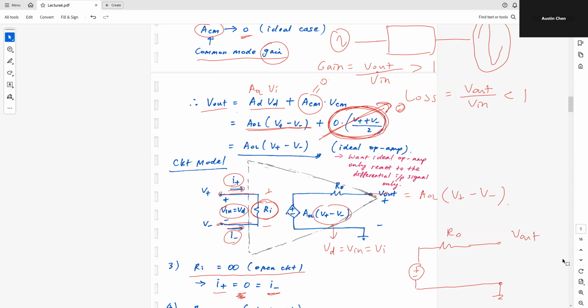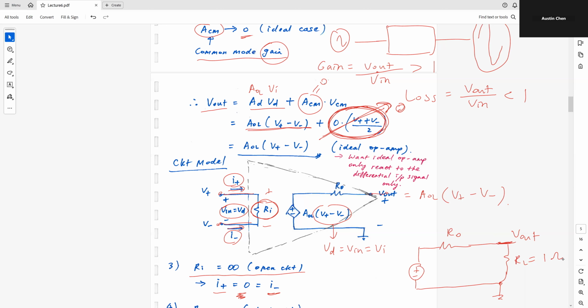Now, imagine if I connect this V out with a small resistor to ground. Let's say this is my RL, and this RL is equal to 1 ohm.